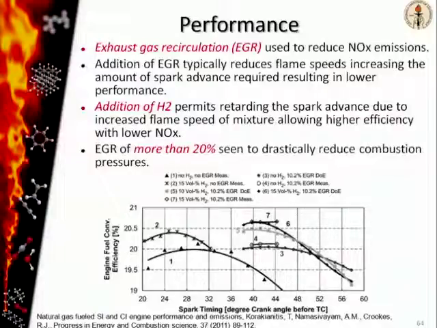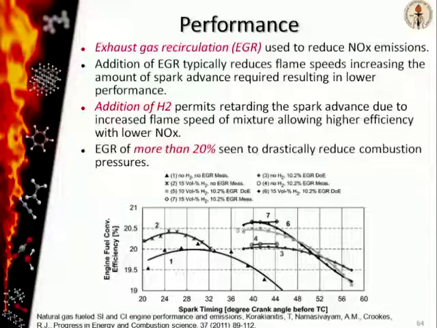When you move to curve 2, where you have about 15% by volume addition of hydrogen, you find an improvement in performance and an increase in efficiency, primarily because of the increase in flame speed. Now, because your temperatures are high here, you're still forming a lot of NOx. So you have to use exhaust gas recirculation to reduce the NOx by lowering the temperature.